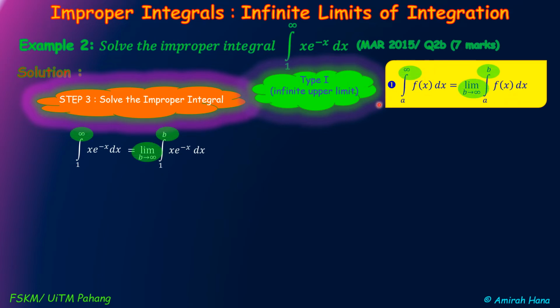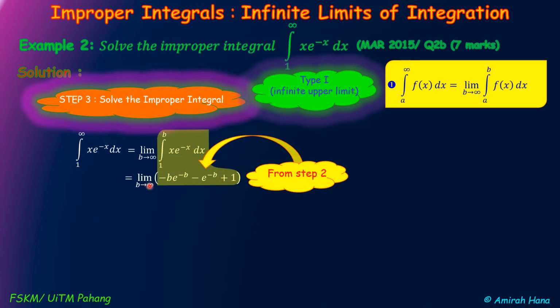What we do is replace the infinite upper limit by b from this formula, and then we must put limit b to infinity. After that it equals the limit b to infinity of b e to the power of negative b minus e to the power of negative b plus 1.